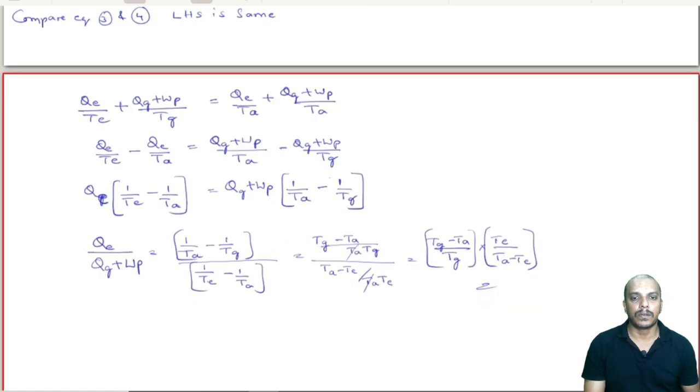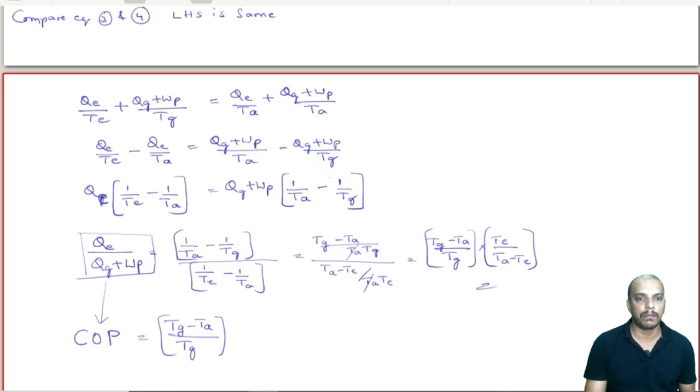Therefore, the COP of a vapor absorption refrigeration system is given by desired output by input. If you know all the temperatures, that is generator temperature, ambient temperature and evaporator temperature, we can determine the COP. Okay. We will continue in the next class. Thank you.